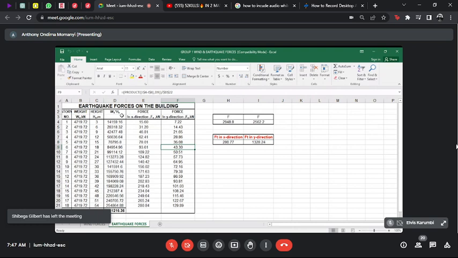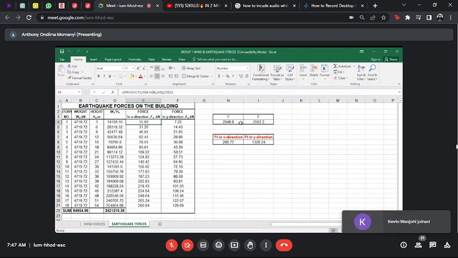Now, column D is the weight per story multiplied by the story height, which is column B multiplied by column C. If you click on any cell in column D, you can see it's a product of column B and column C. Now, before we find the force in the x direction, which is Fx, we first found the total earthquake force in the building, which we calculated in class.